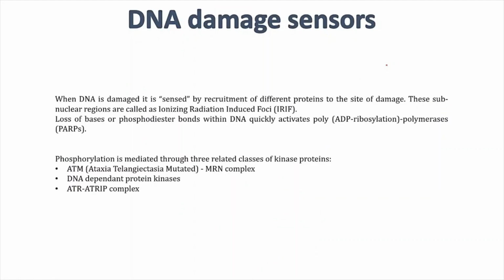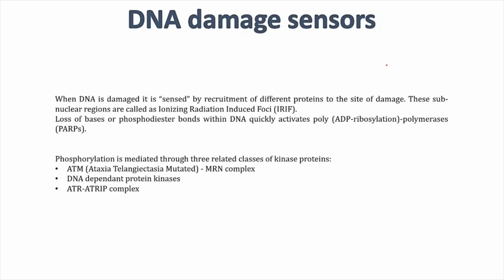Coming to DNA damage sensors, when DNA is damaged, that site of damage is sensed by different protein complexes, and this site of damage is referred to as the IRIF, which is ionizing radiation-induced foci.